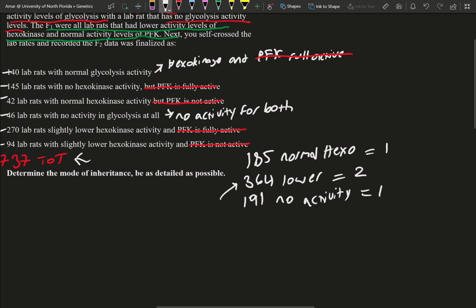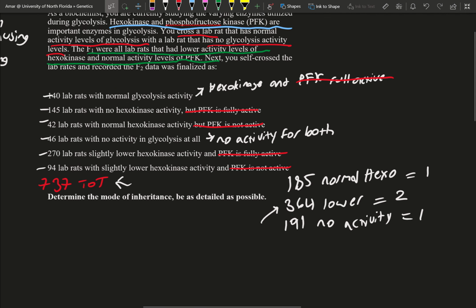We can also try the other one, PFK, as well. See how that one is also interacting. So same thing, what we're going to do here is ignore the hexokinase activity.